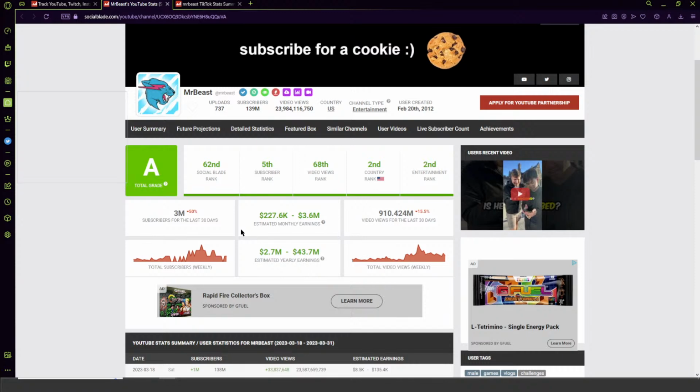We could knock that off, and if we went by that rule of thumb, that would basically say that for the last 30 days, just shy of $1 million worth of revenue. Which would put it roughly right in the middle of this estimated monthly earnings. So it's not a bad number. It's a good estimate, I would say, as a rule of thumb here.